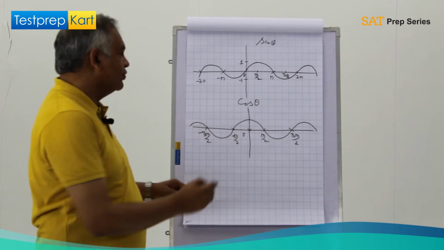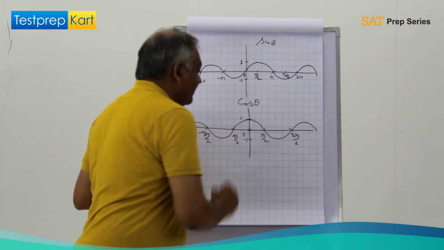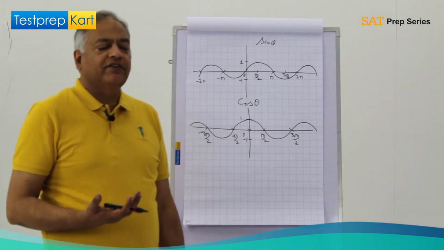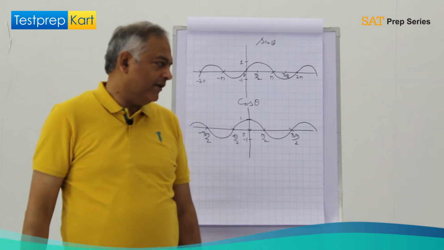Here also this is 1 and this one is negative 1. So cos theta is also between negative 1 and 1, as the range of cos theta is negative 1 to 1, and the domain is the entire real line.